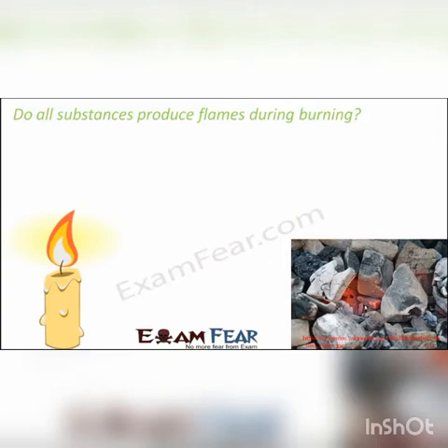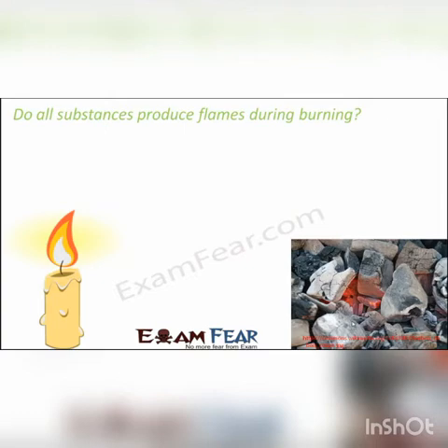All you can see is a reddish glow. So not all combustible substances produce flames, but in this case heat is produced. That means the process taking place here is combustion, but there are no flames.